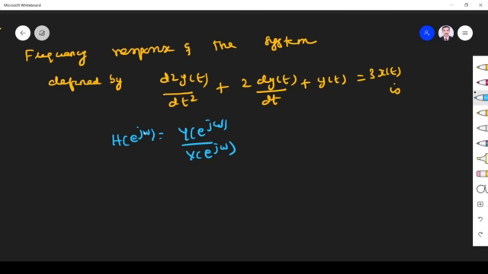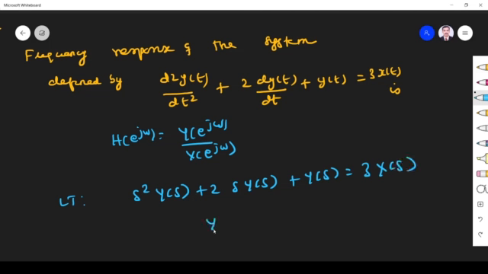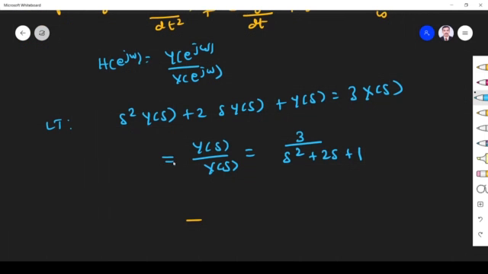If I take the Laplace transform of the equation, it is s squared into Y of s plus 2s Y of s plus Y of s is equal to 3 into X of s. So Y of s divided by X of s is equal to 3 by s squared plus 2s plus 1.